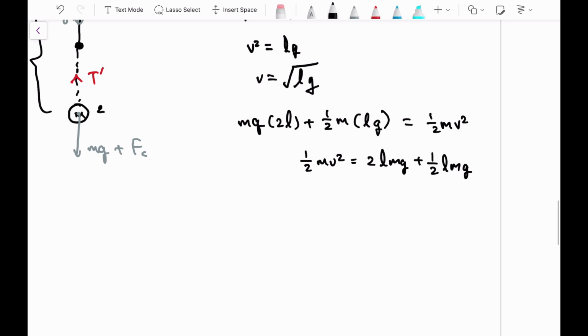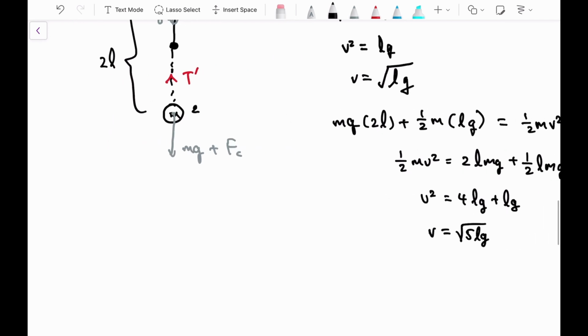I thought something was wrong, and that was correct. Okay, so let's further simplify this. We can cancel out all the m and times both sides by 2, which gives us this. So it's 4Lg plus Lg. So therefore, v is equal to the square root of 5Lg.